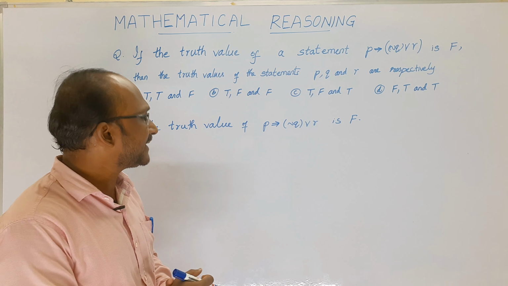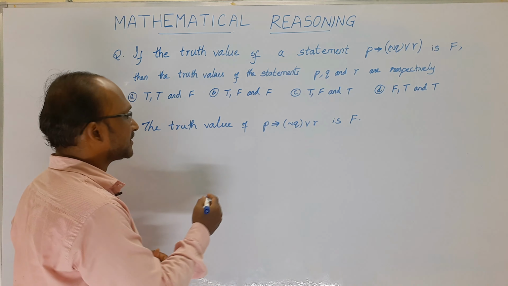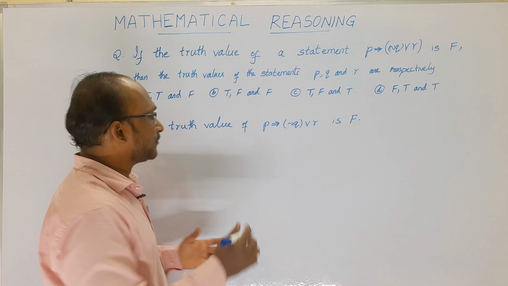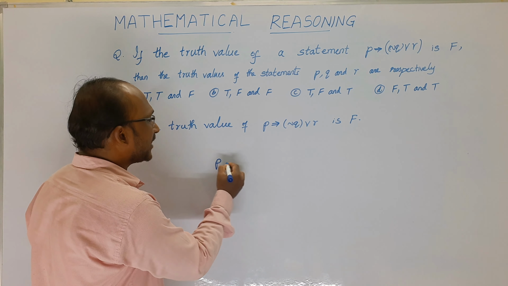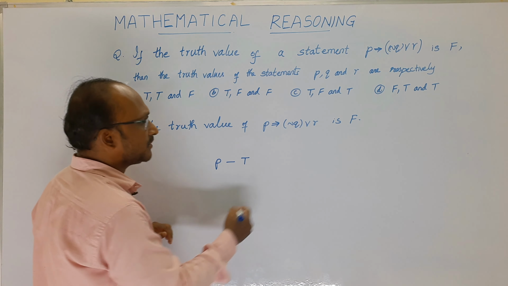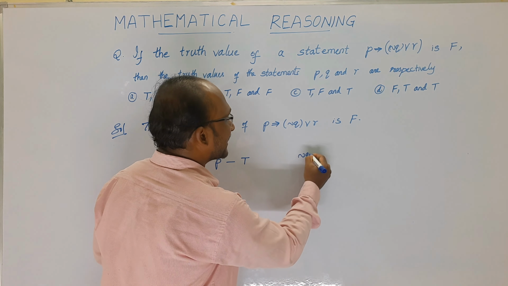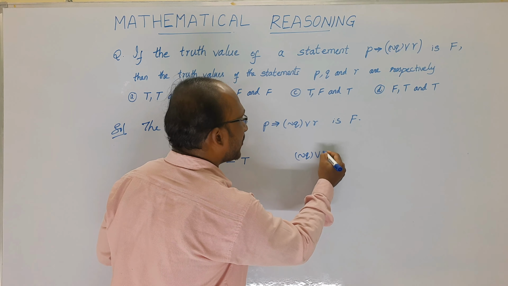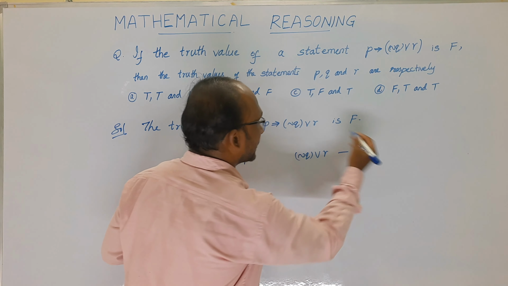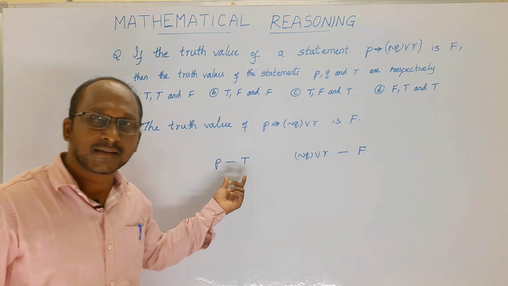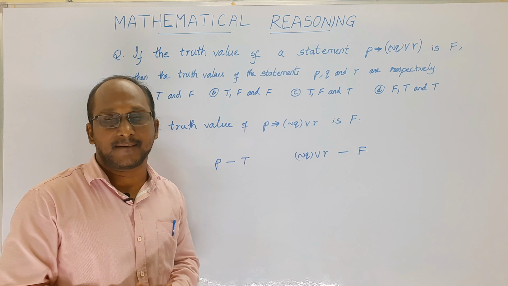That's why here we can say that the first statement has the truth value true. That's why truth value of the statement P is true and the truth value of the second statement negation Q or R is false. So here we have got the truth value of the statement P.